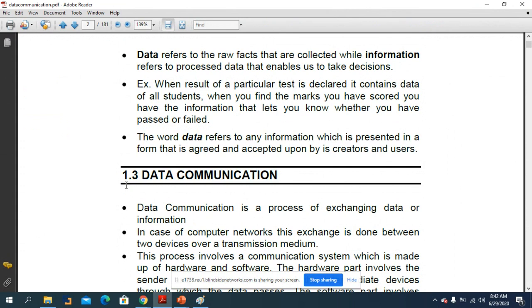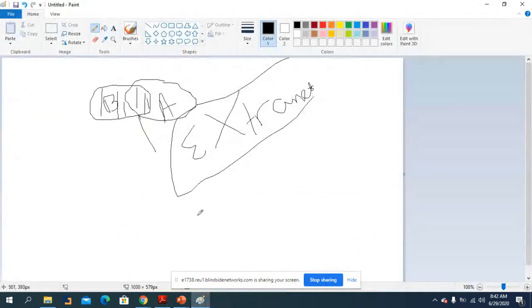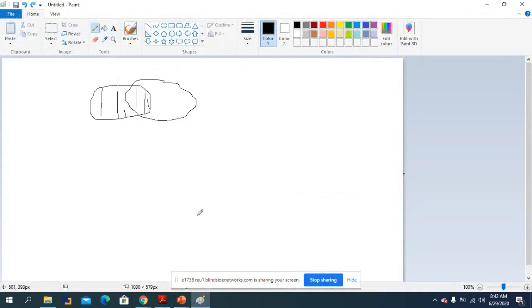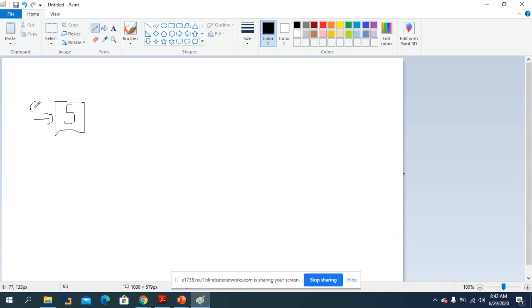So we are exchanging, meaning what are we using to exchange? We are using software and we are using hardware. And we want to involve some senders here. Maybe when you are trying to communicate, we always say that we have a sender here, and this sender is sending data. Then from this sender, that's what you call encoding.